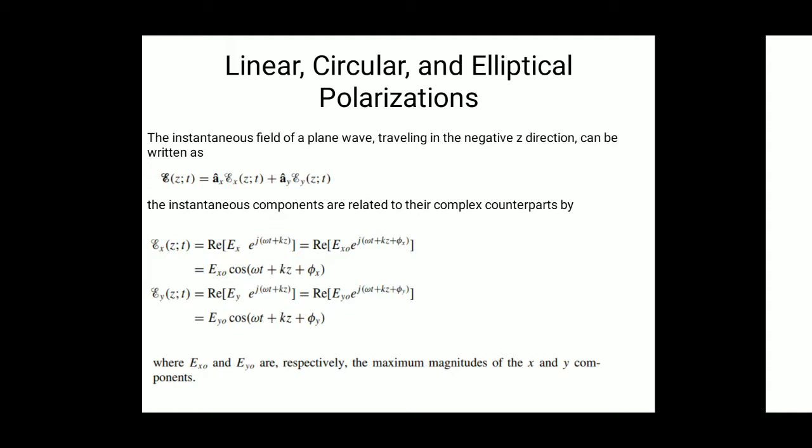So now we can write E_x0 cos(wt + kz + phi_x). Similarly, we can write the Y component E_y0 cos(wt + kz + phi_y), where E_x0 and E_y0 are the maximum magnitudes of the X and Y components.